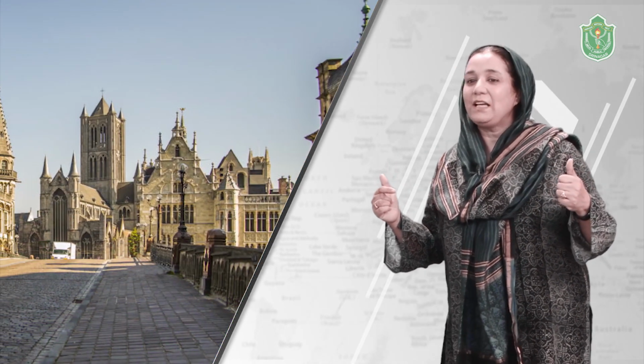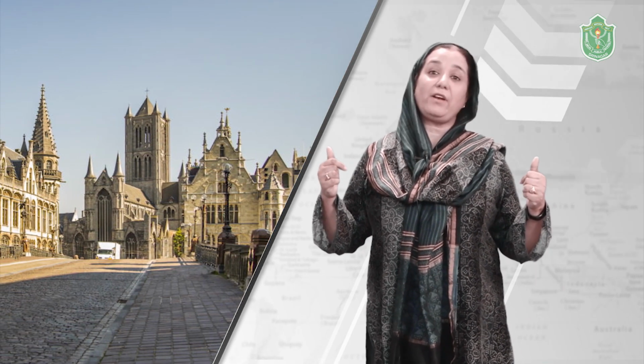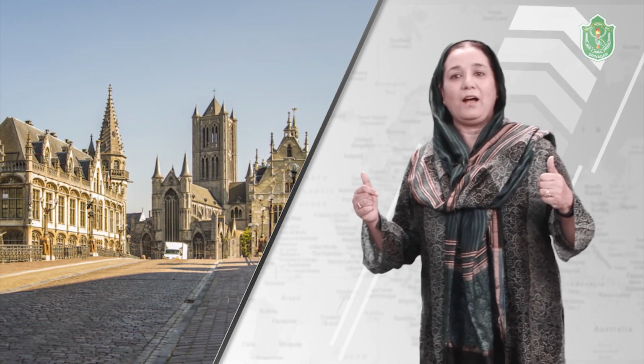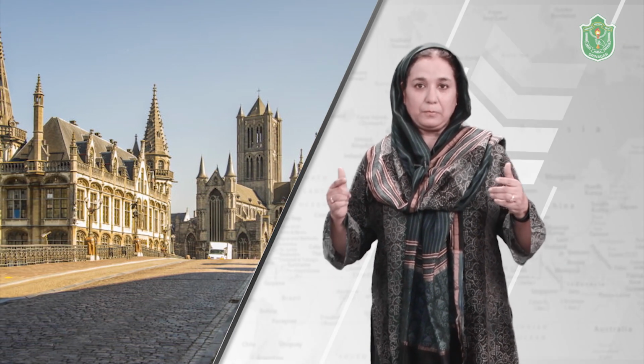Now if you want to visit Belgium, children, please remember, it is known for chocolates, waffles, fries and beer. And children who are historically very interested can visit the medieval towns and architecture of Belgium.